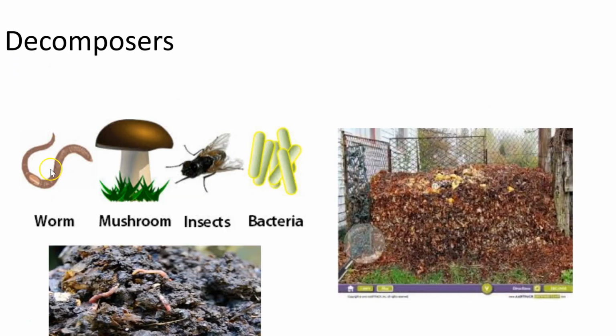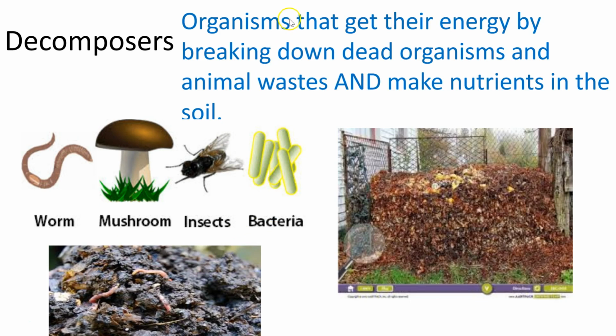And then decomposers would be things like worms, mushrooms, insects, and bacteria. They are very important because they are the organisms that get their energy by breaking down dead organisms, whether they be the dead leaves that we have here or anything that just dies. The insects would come in, like our flies, worms, and mushrooms, and what they do is break down those dead organisms and animal waste, because that's their food.